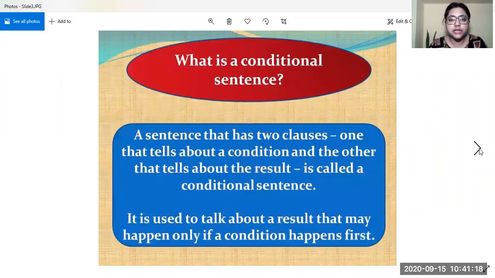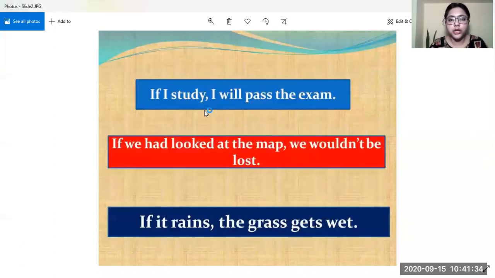So let us see the definition. What is a conditional sentence? A sentence that has two clauses, one that tells about a condition and the other that tells about the result, is called a conditional sentence. The first part, which contains the word if, is known as the conditional clause. We have already done this clause in the previous class, right? The second part, which contains the result, is known as the main clause.